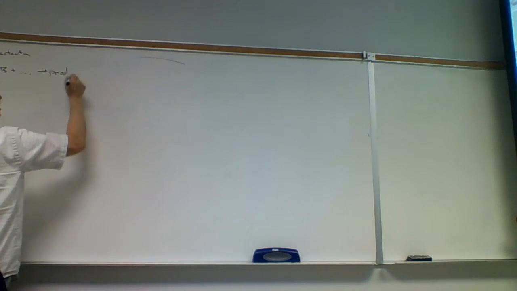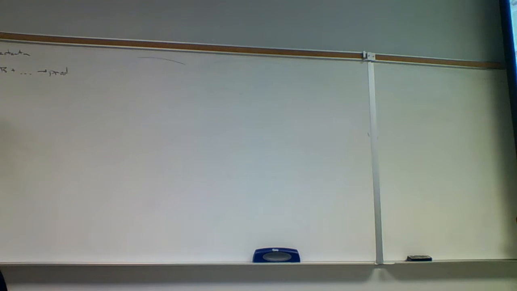Just a quick review. When we have multiple reactants, A plus B plus dot dot dot, this goes to product. Then what are the equations that we generate from this? The only equation that we generate is that the rate is equal to k[A]^m[B]^n, etc. This is the rate law. This just tells us how fast the reaction occurs at different concentrations. And that's basically all we're going to get.